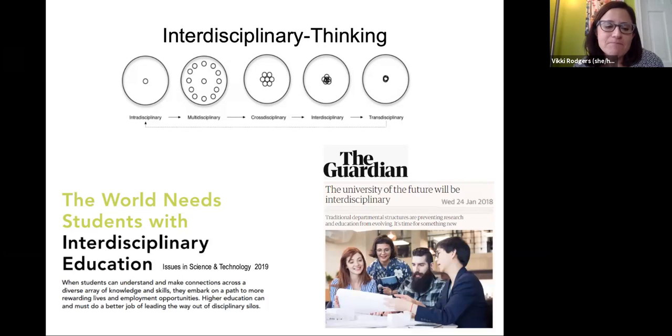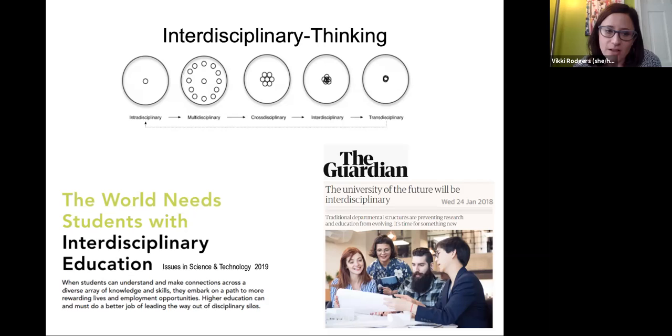Thank you. So just to highlight, I think it's probably fairly evident for most at this point, but the importance of interdisciplinary thinking, right? And really what that means. I like this image here at the top, showing the difference between thinking about something through one specific lens, one intra-disciplinary focus, and then multidisciplinary, cross-disciplinary, and then what we're really aiming for here is towards the right end, interdisciplinary or maybe even transdisciplinary.